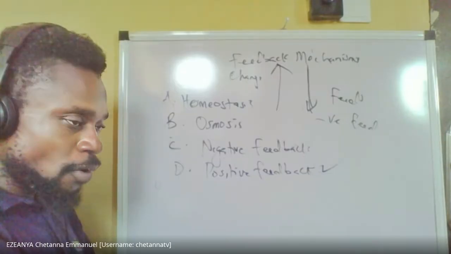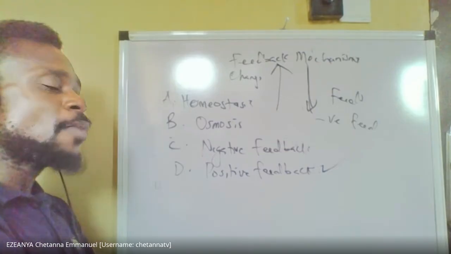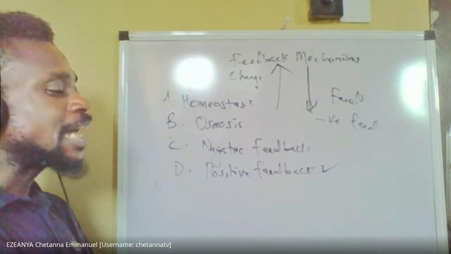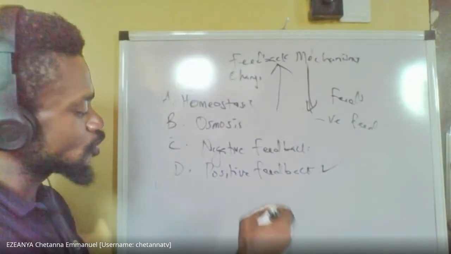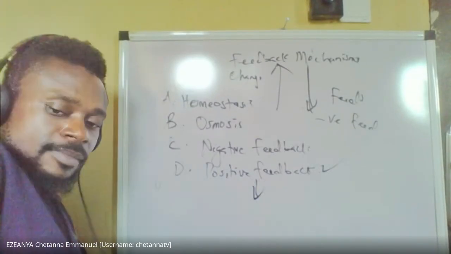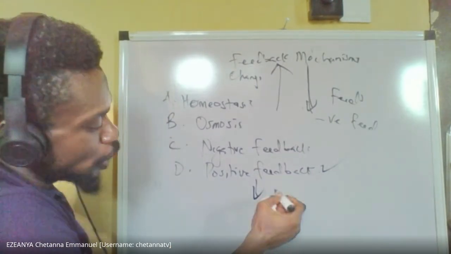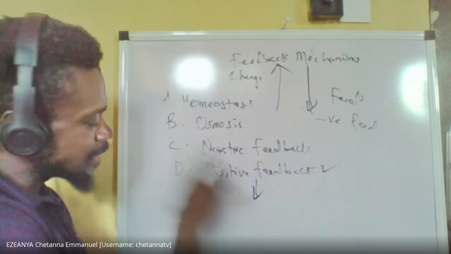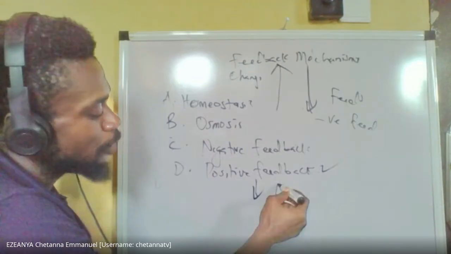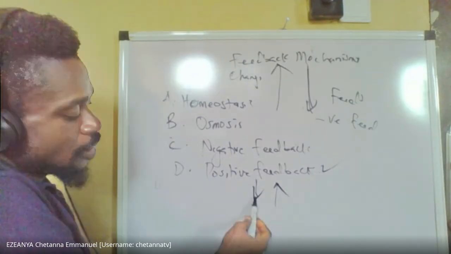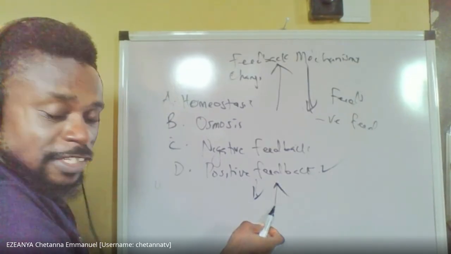If the blood sugar comes down, the body will also look for a way to break down some components so that there will be enough sugar in the body. The change is in this direction, but the response or the feedback is up.